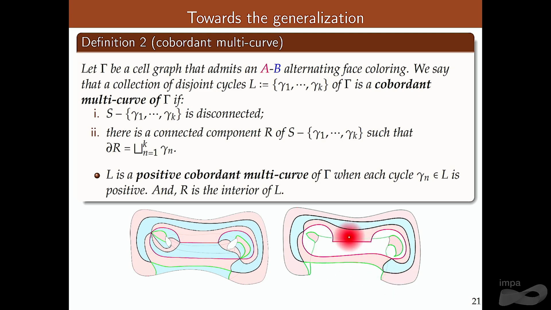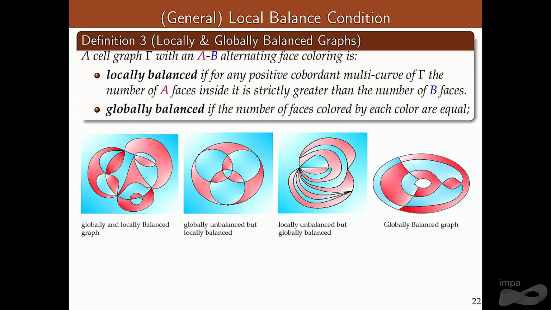Here, I delete the other faces. So that is the subsurface. And the number of pink faces is greater than the number of blue faces. We have only one blue face in this. Okay. So the global balance condition definition is the same: the same number of faces color by color.